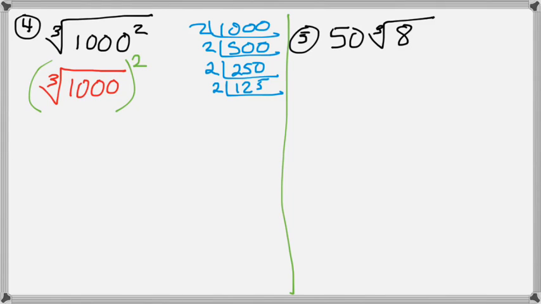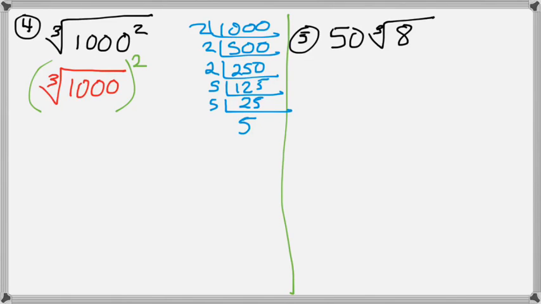Now, let's take that 125. It's not divisible by 2, but it is divisible by 5, which gives me 25, which is divisible by 5, which gives me 5.